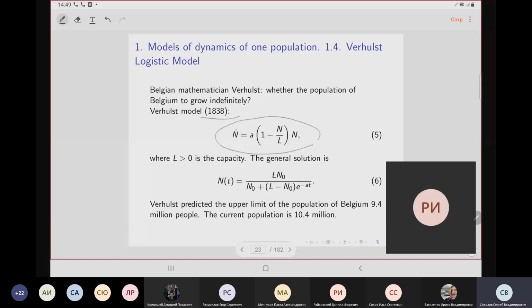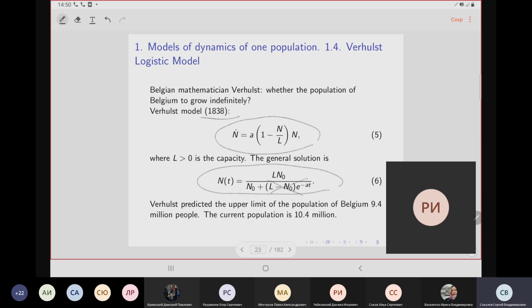So the final solution, the general solution, is a bit more simple. And we can easily see that the same, when time is going to infinity, then n of t is going to L.